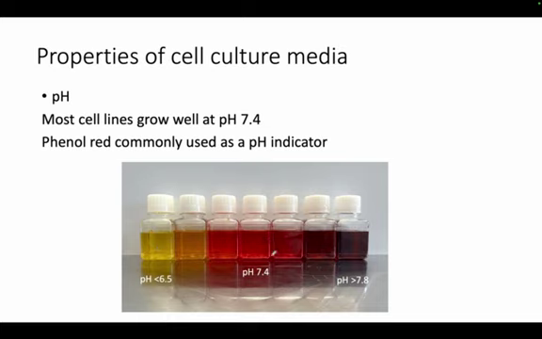On the other hand, as the media starts to become basic, it'll start becoming pink. So it gives you a visual idea of the approximate pH of your media. If your media is looking like this or like this, then you should not be using it for your cells. It's not going to support your cell growth.